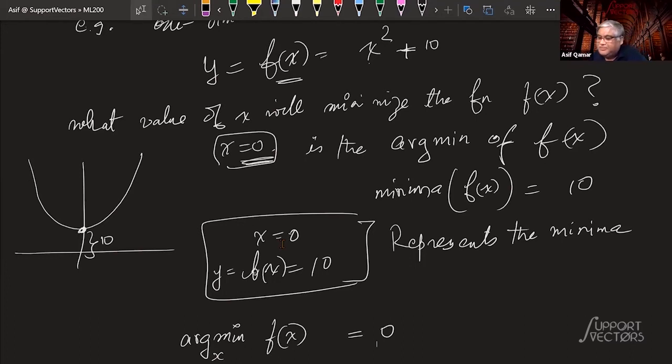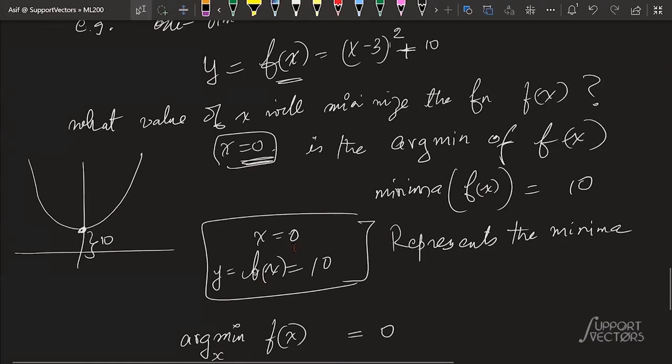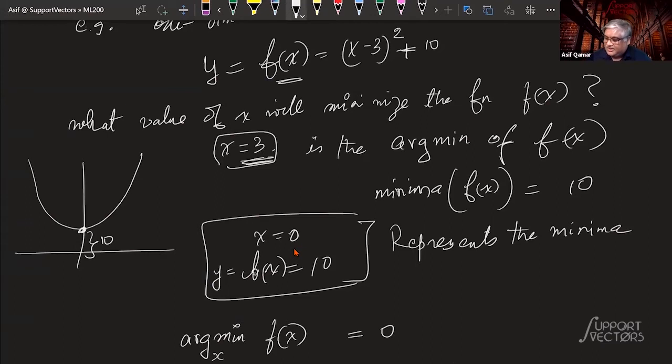So for example, let me deliberately complicate this problem. I'll make it (x minus 3) squared plus 10. Now what value of x would minimize this? Can you guess? 3. I don't want to use 0 here because 0 is special. So the arg min would be 3 here, and on the other hand, the min of f(x) would be 10.